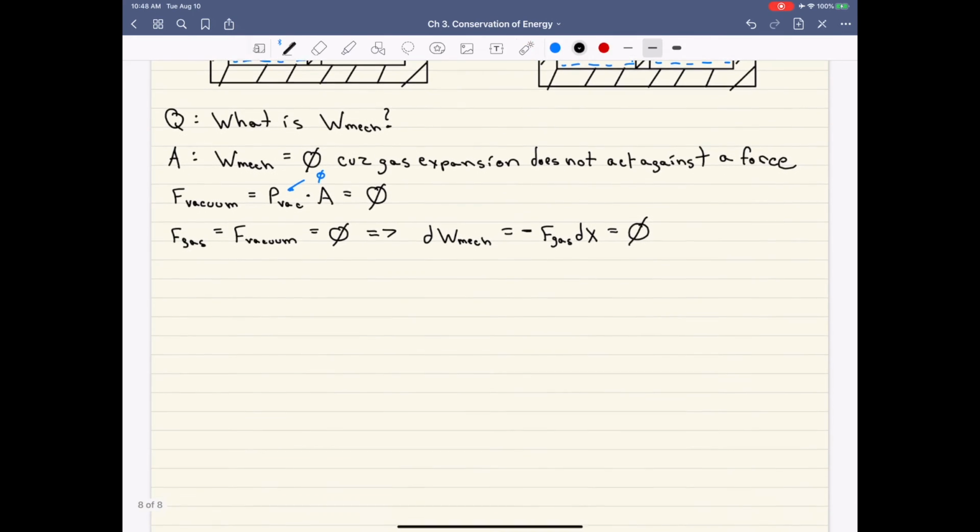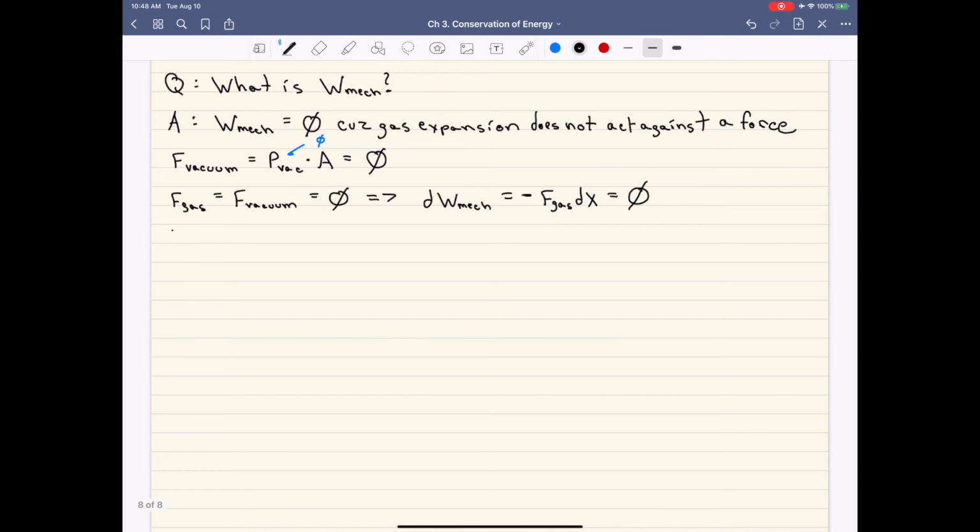With that knowledge in hand, let's go to our energy balance to see if we can get any more insight into the system. From our energy balance, we know dU plus dEk plus dEp is equal to dQ plus dW. Assume changes in kinetic and potential energy are 0. From our argument above, we know dW is 0.